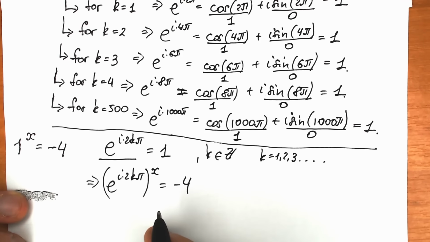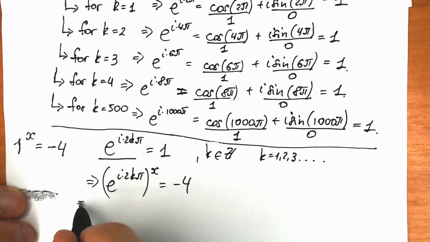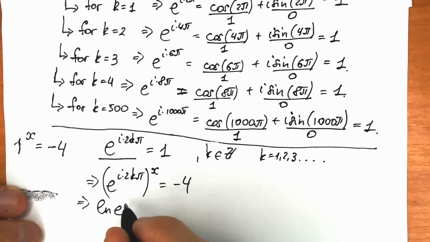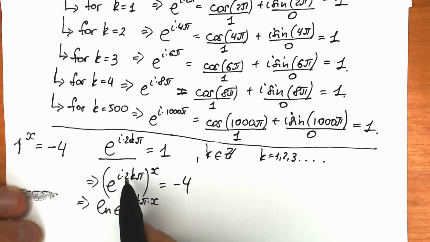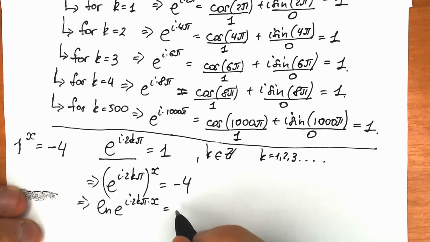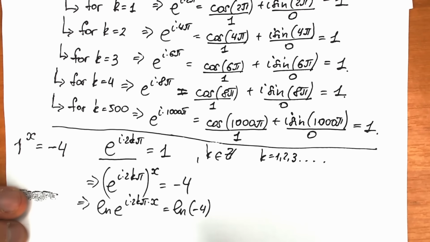First of all, let's apply natural log on both sides. On the left side, we have natural log of e to the power i times 2k pi times x, equal to natural log of minus 4.